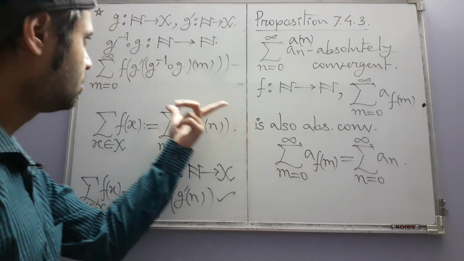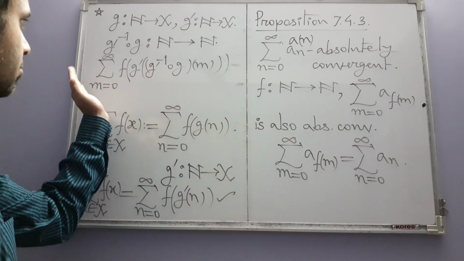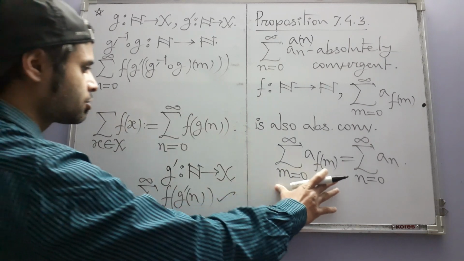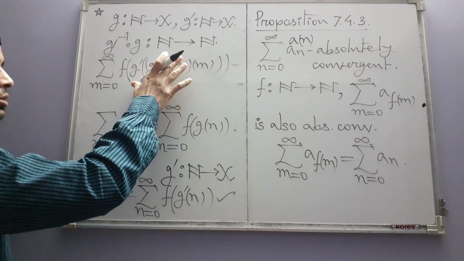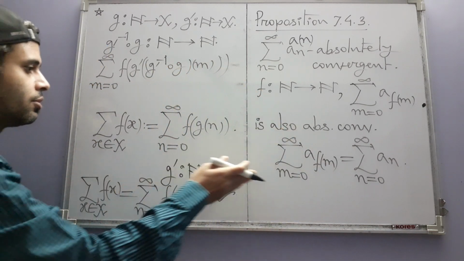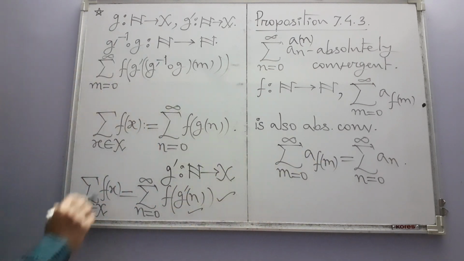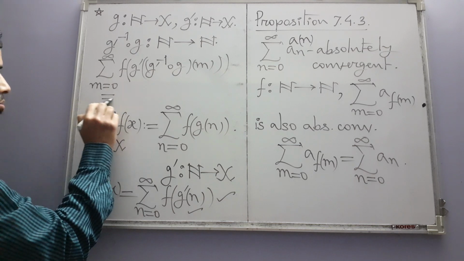This series here takes this form, and this should also be absolutely convergent, and it should have the same sum as the original one, that means this one. But here there is a simplification.